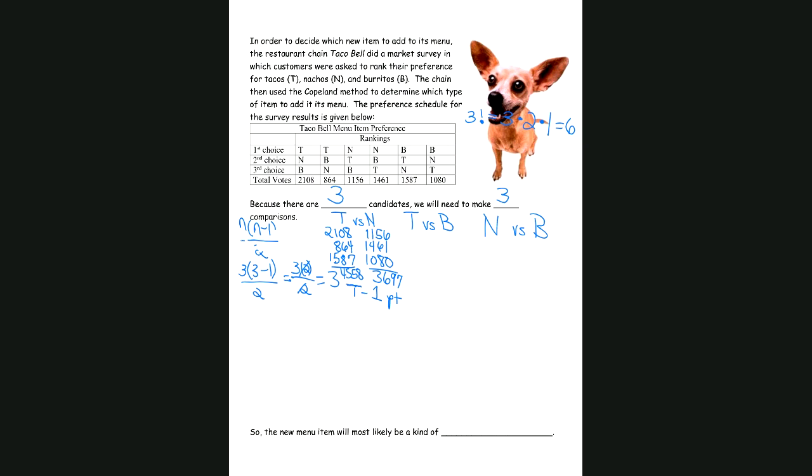Now, let's make another comparison. Tacos versus burritos. All right, so here, any time that we see tacos ranked before burritos, we're going to give those points to tacos. Anytime we see burritos ranked before tacos, we're going to give those points to burritos. So tacos is above burritos here, so tacos gets 2108.